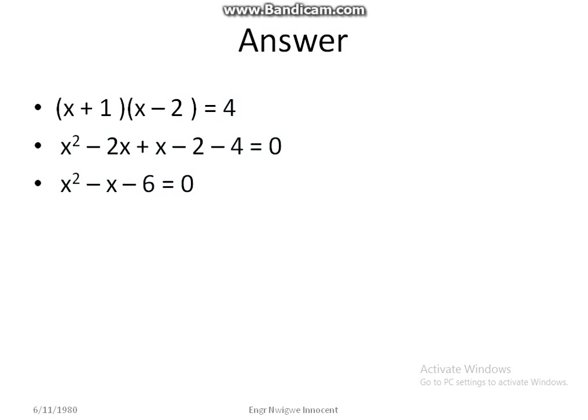Then we now have x squared minus 2x plus x will give us minus x, minus 2 minus 4 will give us minus 6, is equals to 0.